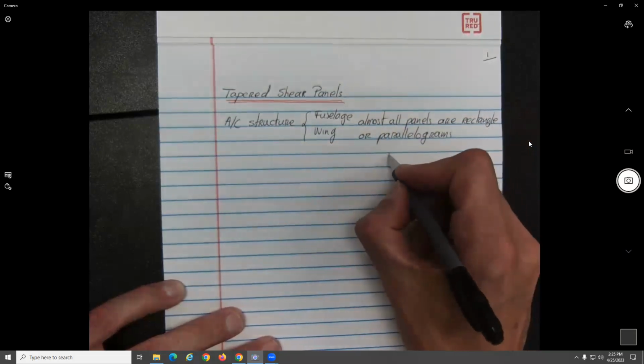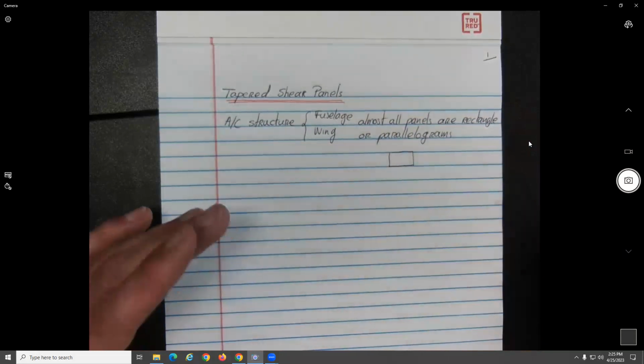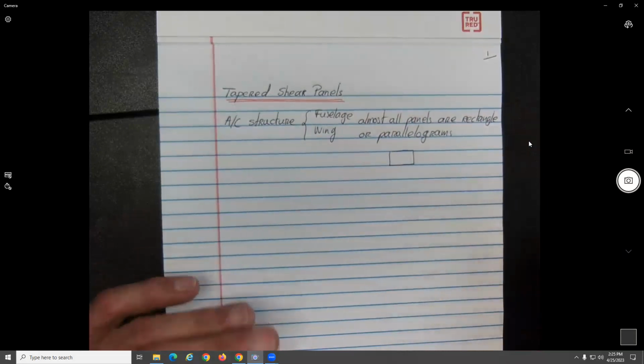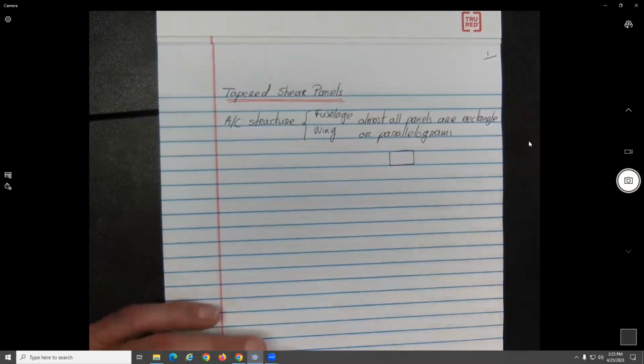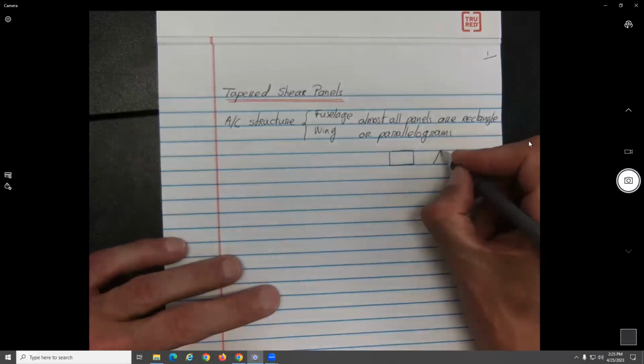If you look at the panels, they are all rectangular, no? I'm sure there are some that are not rectangular, but I would say 99% when you look at the wing, they're all rectangular. When you look at the fuselage, all the panels look rectangular, or they can be, but it's still rectangular.